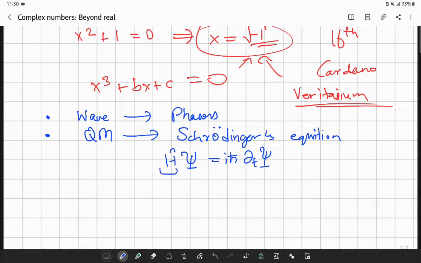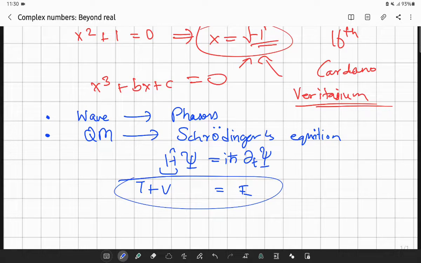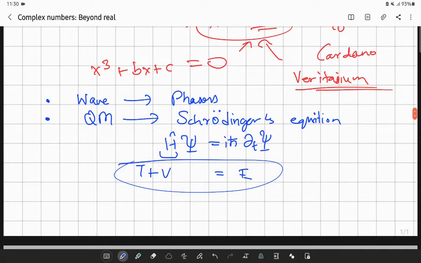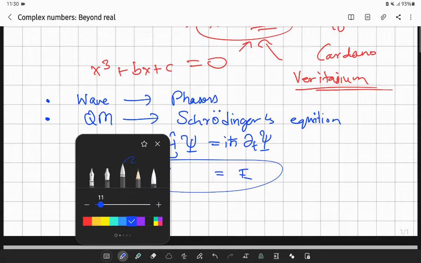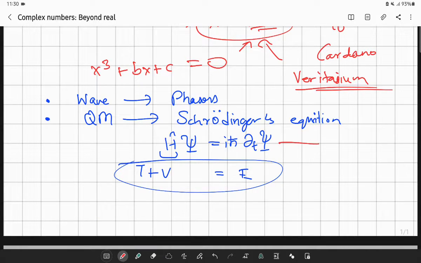This is basically telling you that the kinetic energy plus the potential energy equals E. This is the statement in quantum mechanics, just with fancy equations. And there are people who have proven experimentally and theoretically that quantum mechanics is impossible without imaginary numbers.